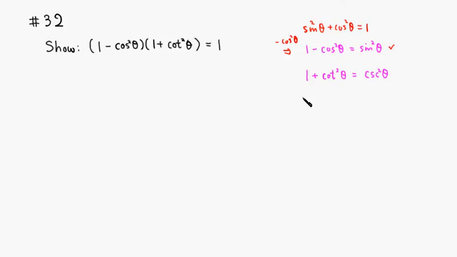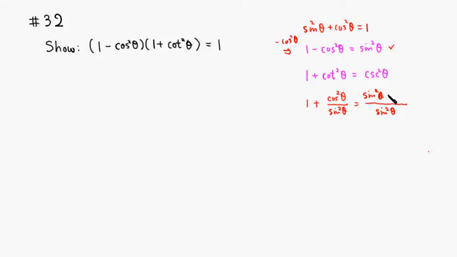And also this one, if you rewrite the cotangent squared: cotangent is cosine of theta over sine of theta, and this is cotangent squared. We just square those, right? Then if you take the common denominator, you will get sine squared of theta. Right? So 1 is the same thing as sine squared of theta over sine squared of theta, because you divide a number by itself, you're going to get 1.